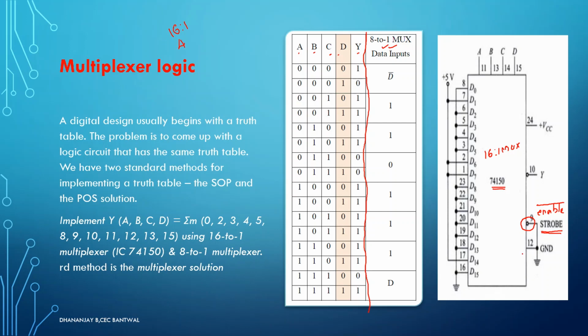Active low input means it should be connected to 0, or to ground. So this enable input of your multiplexer is normally an active low input. You should connect your enable pin, or pin number 9 of your 74150, to ground if you want your IC to turn on and work efficiently. Otherwise it will not work. So this is regarding a 16:1 multiplexer IC.